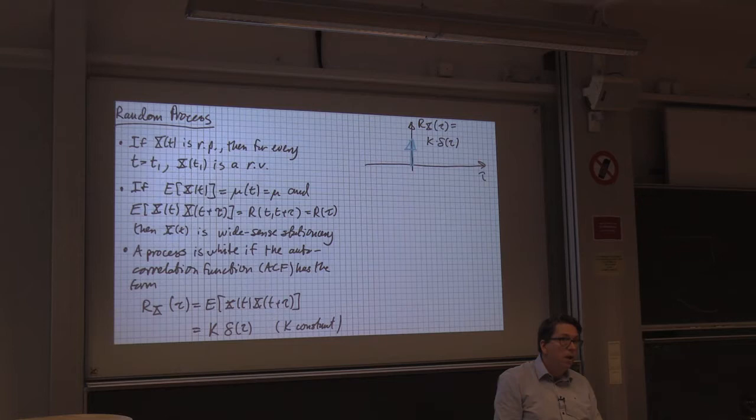And you know that light with constant intensity over all frequencies is white light. If you split it up into all different frequency components, you get reds and blues at the low and high frequencies. But if it contains all frequencies with the same intensity, we perceive it as white. That's why this is called a white process.